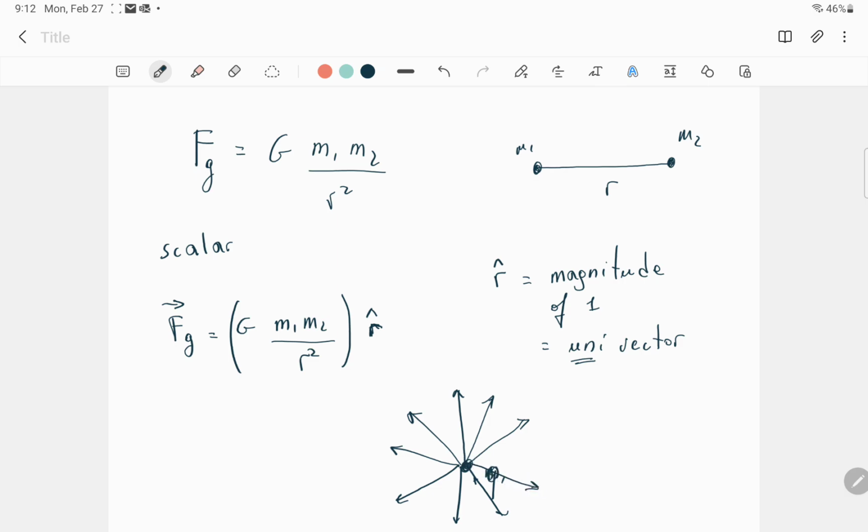Wherever in space I put another positive charge, it will be repelled, in any place I put it. So if I place it here, this charge q1 will exert a repulsive force, and obviously it becomes less and less strong as the distance increases.